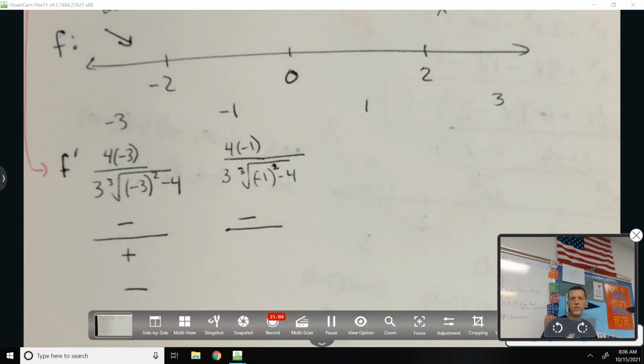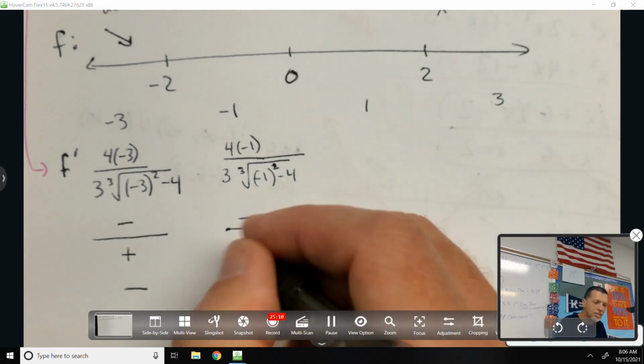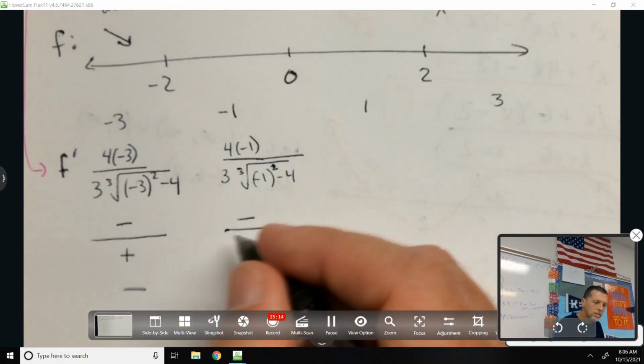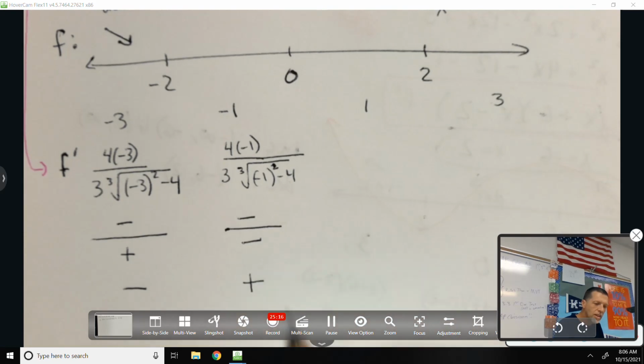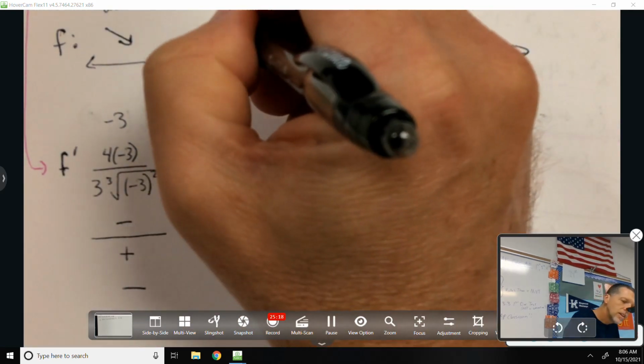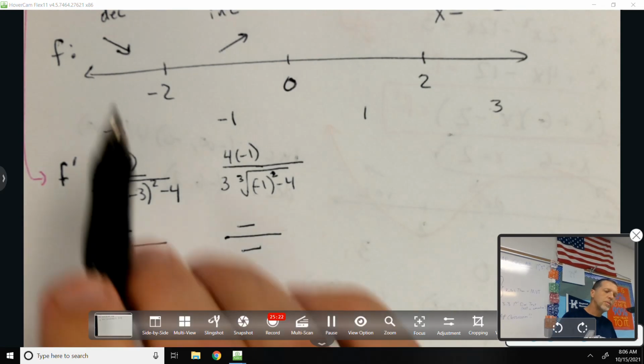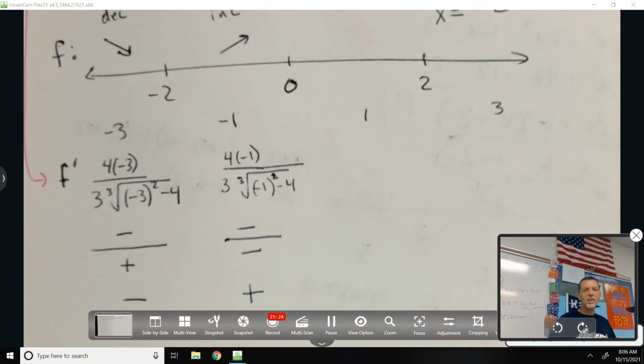What's the cube root of negative 3? For our purposes, negative. I have no idea what it is, but I do know that it's negative. So negative over negative is positive. So if f prime is positive, that means f is increasing.